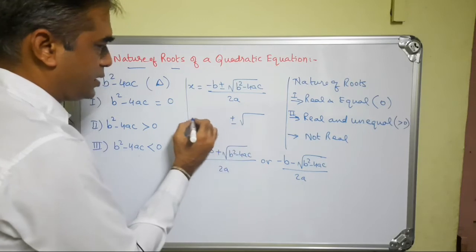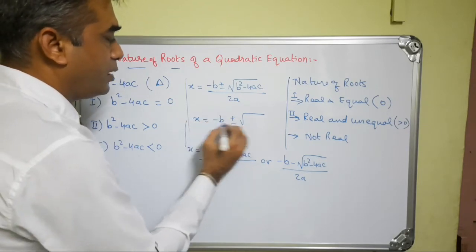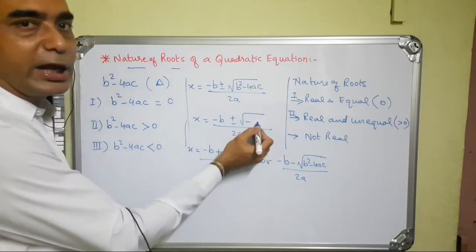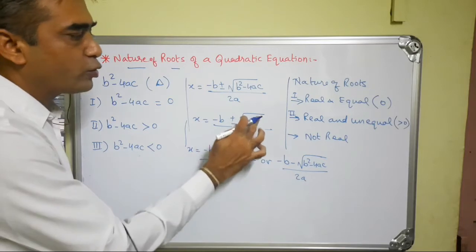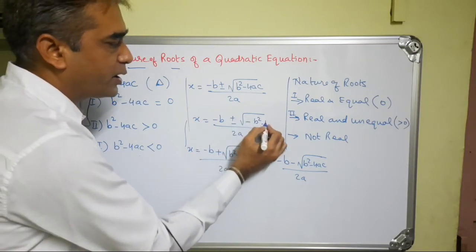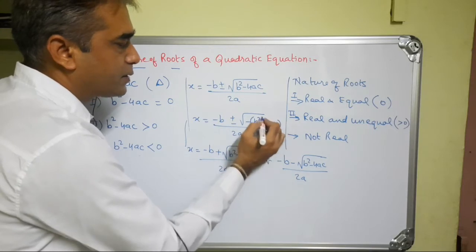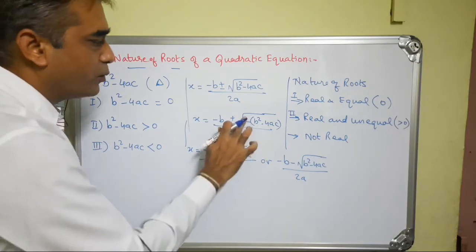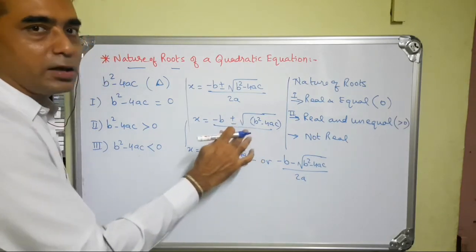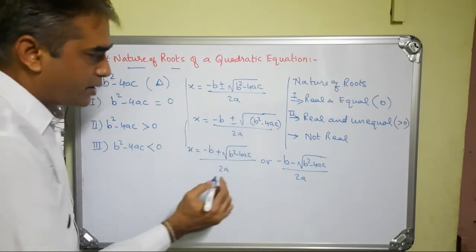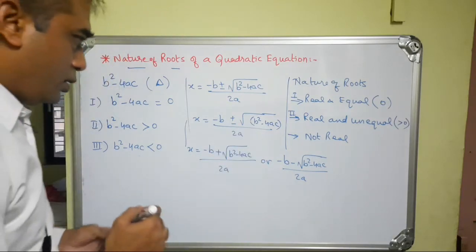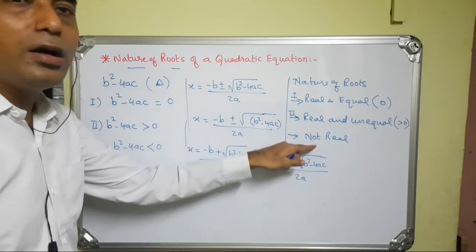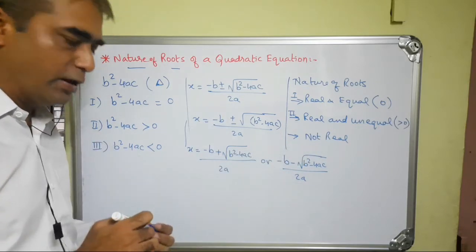If this number is negative, then we cannot find the square root of a negative number, because that is not a real number. Therefore, if the value of delta is less than 0, then the roots of the equation are not real.